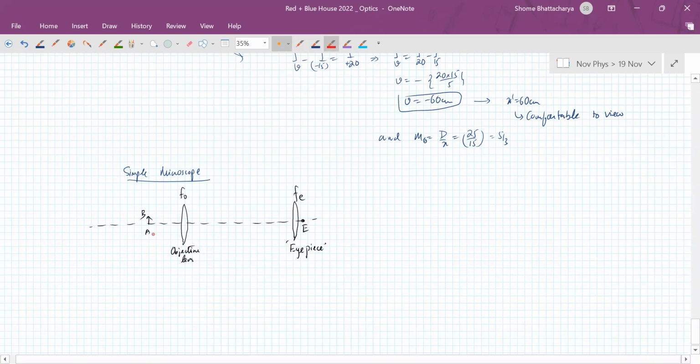And the object is kept at some distance, let's say X1. So now X1 is going to be between F0 and 2F0, so that this lens produces this sort of an image.